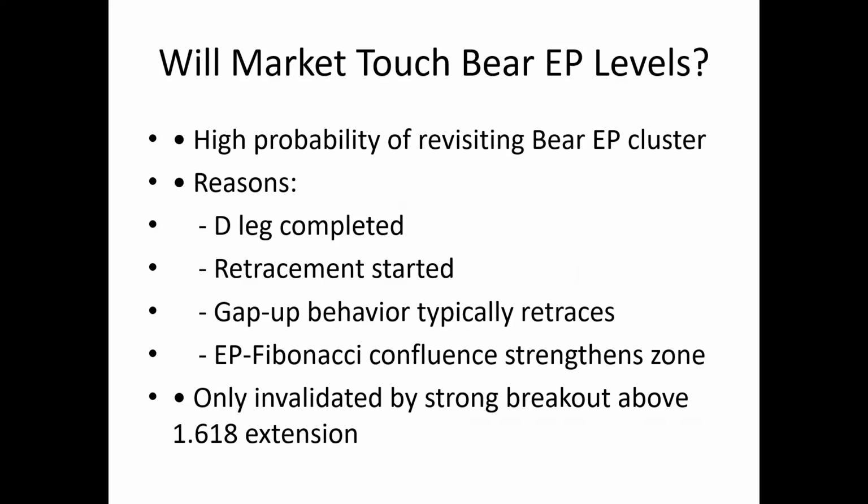Gap up behavior typically retraces. This is the gap up that happened in the market. It jumped over the bear wall, so usually this typically retraces. The EP Fibonacci confluence strengthens the zone, since the EP and Fibonacci retracement zones are confluencing. That strengthens the anticipation.